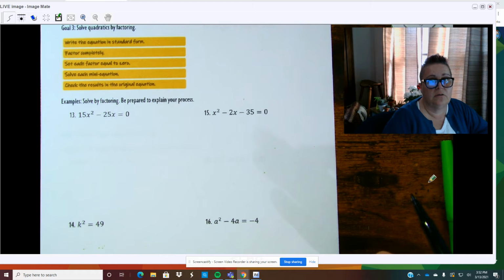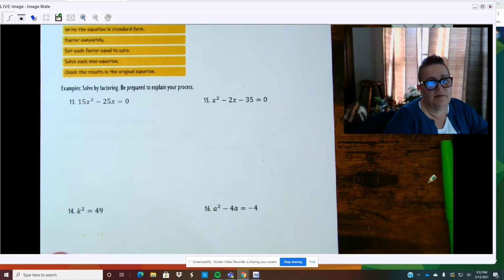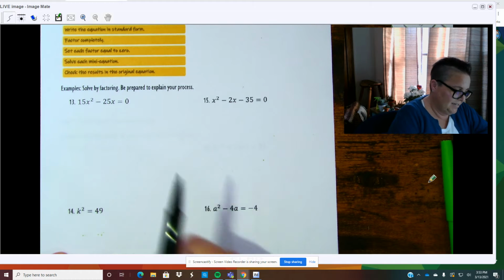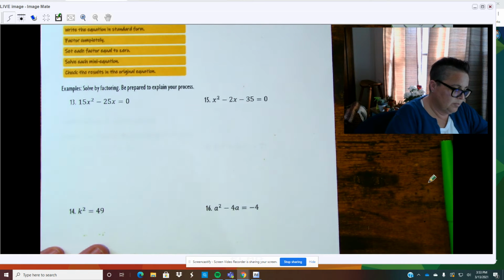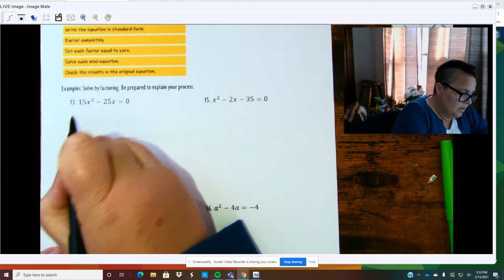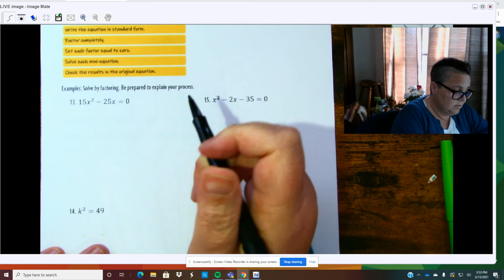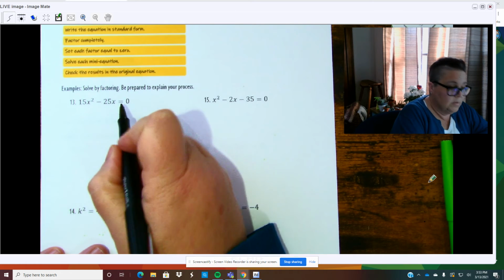Good? Right. Okay, I have a 15x squared minus 25x equals 0. This is not technically in standard form, so I'm going to put it into standard form. I'm going to take out, well, actually, no, I'm good. It is in standard form.